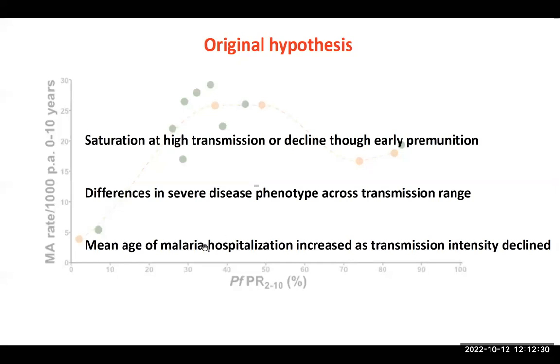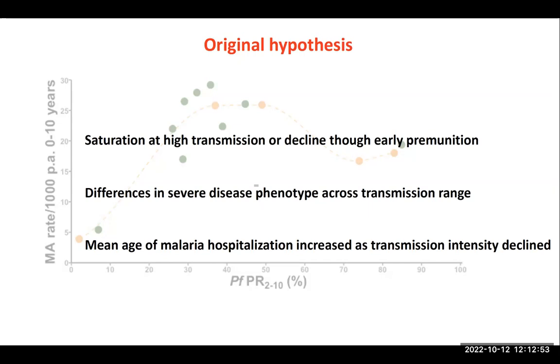Two, are there differences in severe disease phenotype across the transmission range? And three, does the mean age of malaria hospitalization increase as transmission declines? So these are the three main hypotheses that we'll try to address using a much larger data set compared to what I've described before.